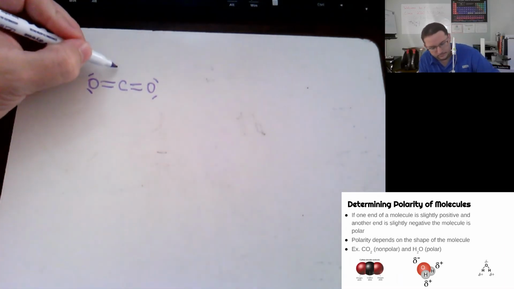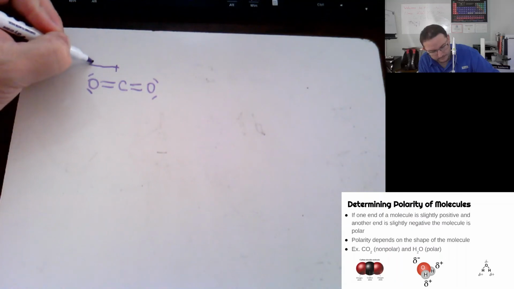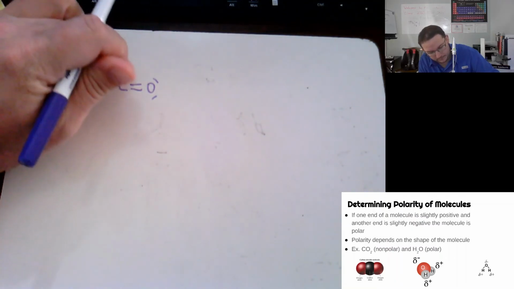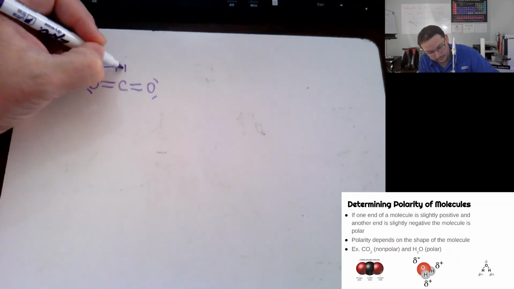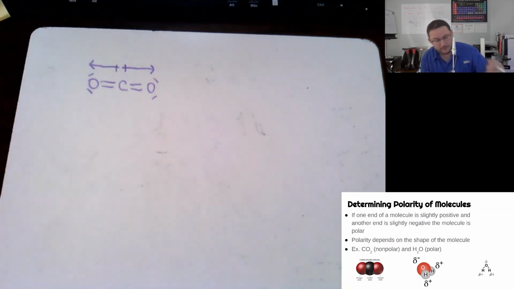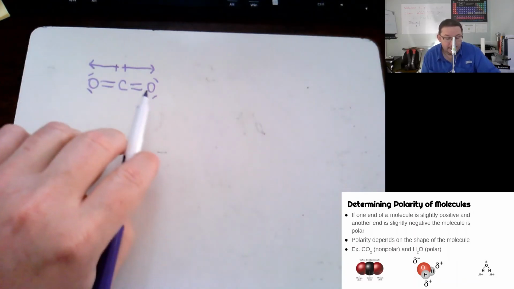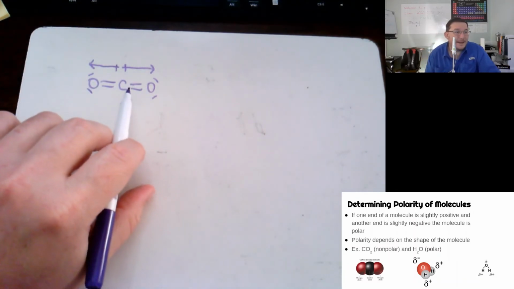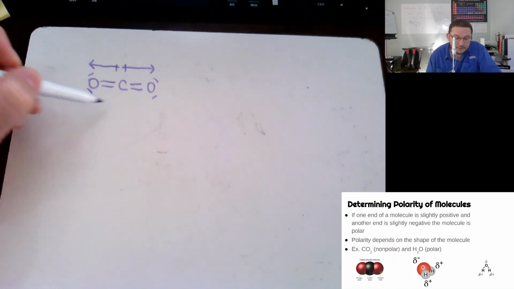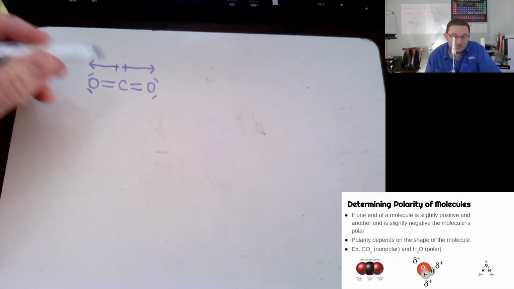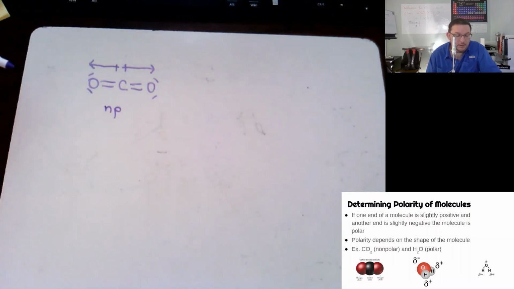Even though each one of these bonds is polar, which I'm going to show using these arrows here, the bonds are on opposite ends of the molecule and are of the same magnitude because they're the same bond. For that reason, they're going to cancel each other out, and over the course of this entire molecule, it's going to be non-polar, because these polar bonds cancel each other out.